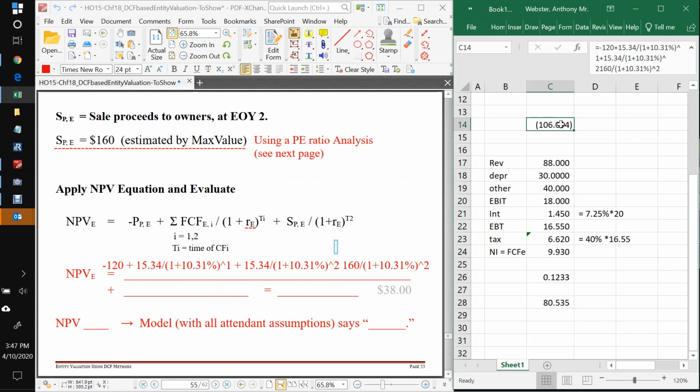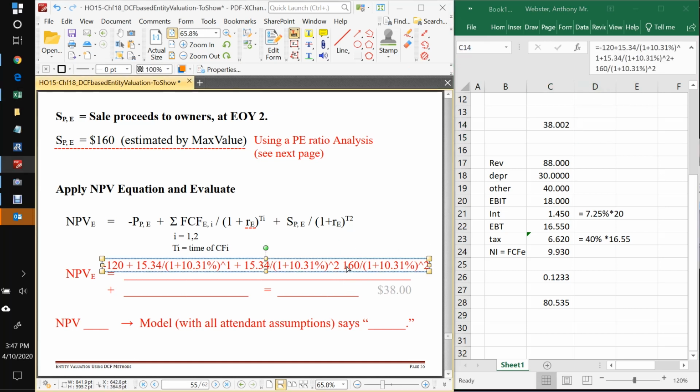Yeah, so something's wrong with my equation there. And let me see. 1.3. Aha, that's what's wrong. So a little typo there. Let me correct that.